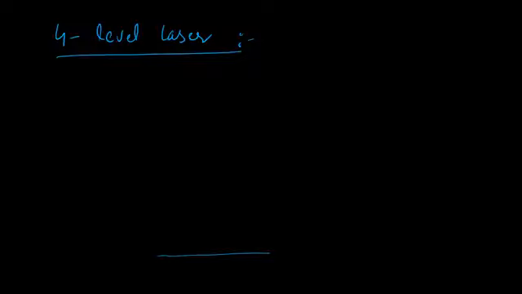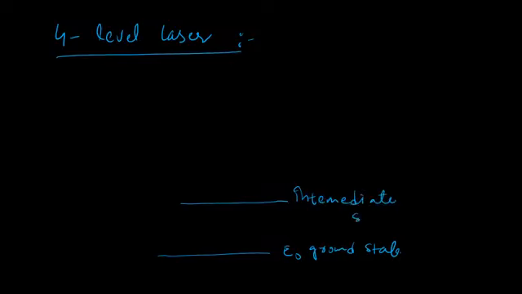Now I will discuss the four level laser. In the four level laser, we have four states instead of three. E0 is the ground state, and above the ground state we have another state called the intermediate state, E1.